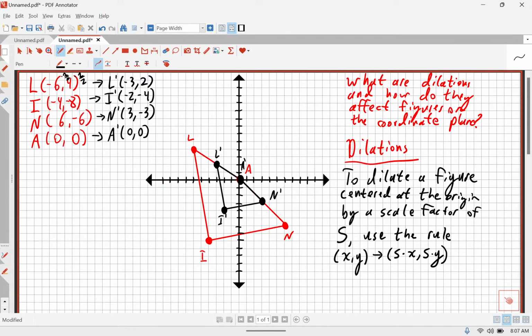You just multiply all the coordinates by your scale factor. Yep, (sx, sy).